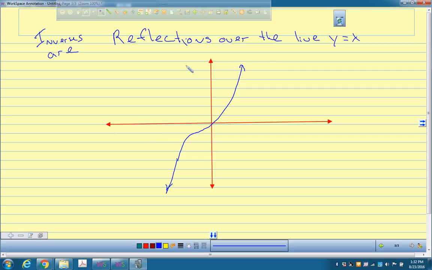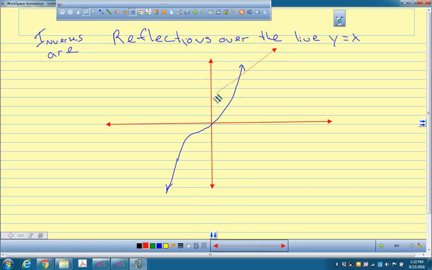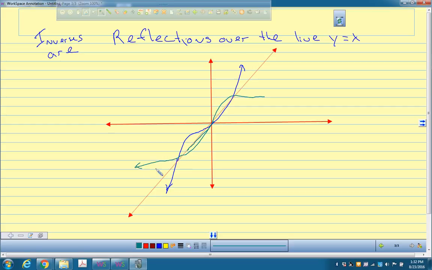Okay, here's the line y equals x, let's make it dotted. Y equals cube root of x will look something going like this. That's bad, but you get the idea.